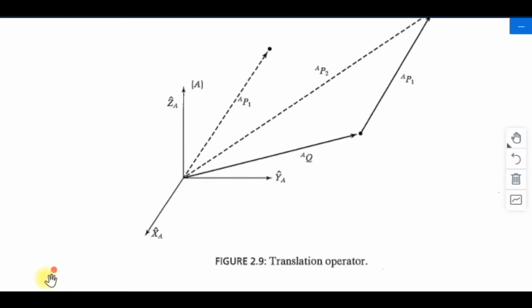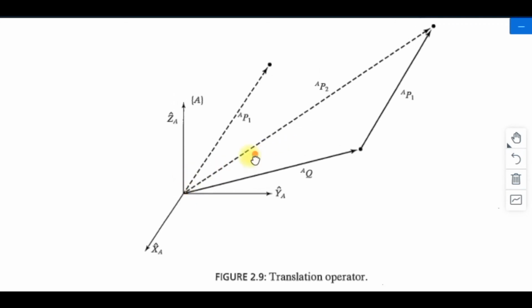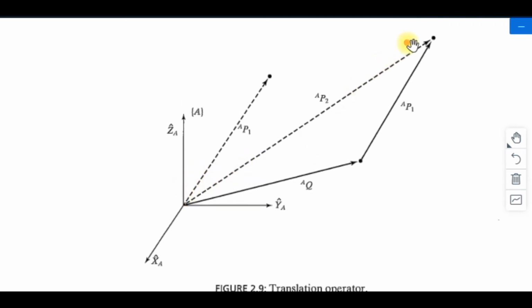Means it may go this side or this side. That is not the matter. The matter is that there is a previous location and the point is moving. Means we consider that the vector is fixed, this coordinate is fixed, but the point is moving.